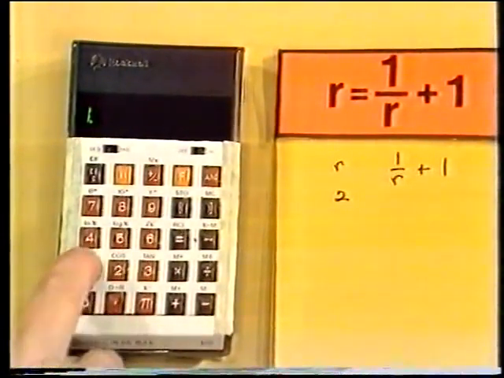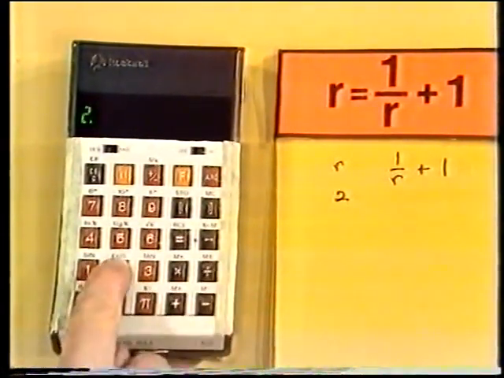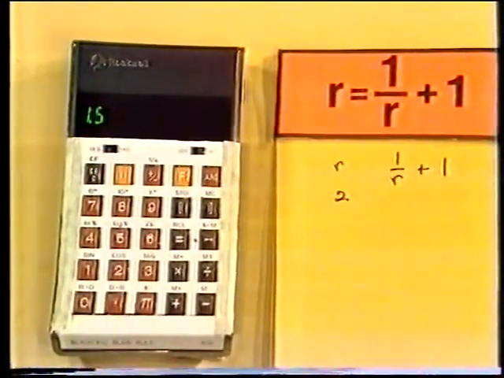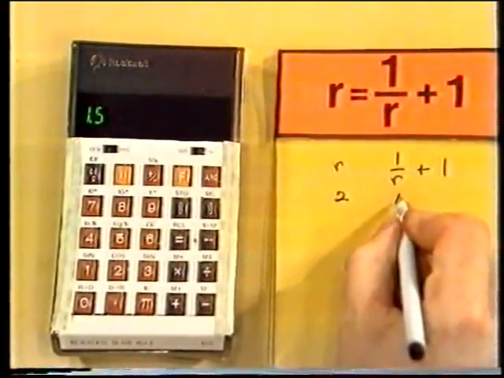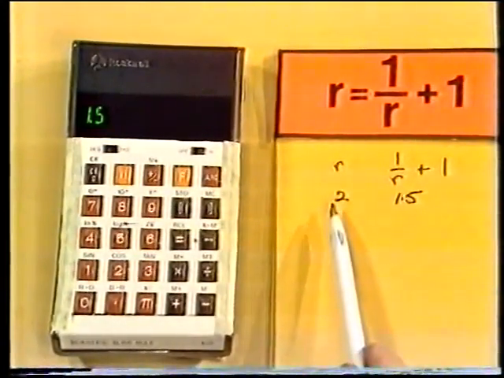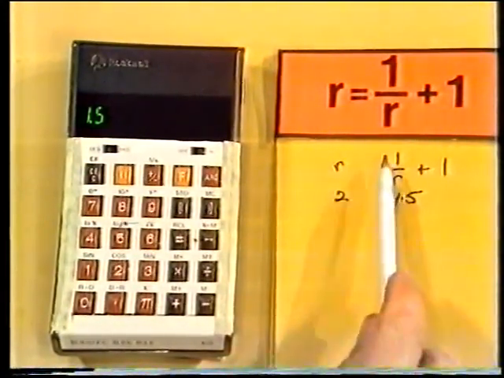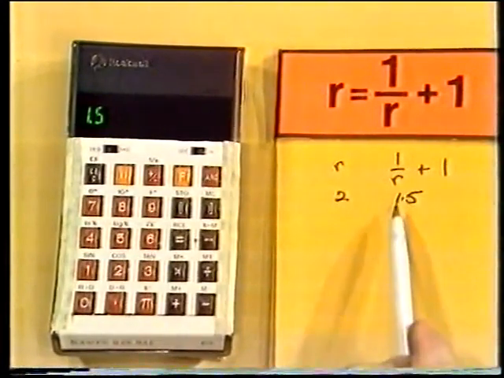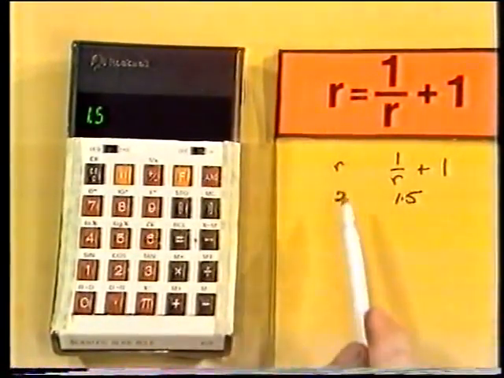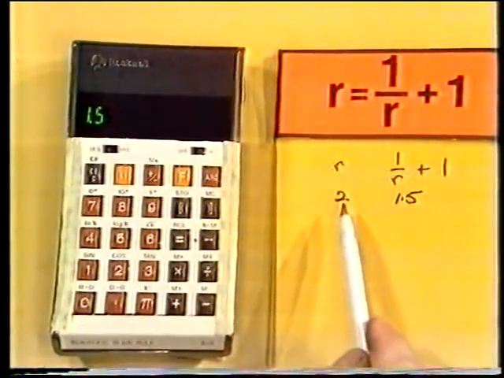We'll get 1 divided by 2, add 1, and so that equals 1.5. Now that tells us straight away that 2 is not a solution of the equation, because with r replaced by 2, I get 1 over 2 plus 1 is 1.5. These two numbers are not equal, so 2 is not a solution.